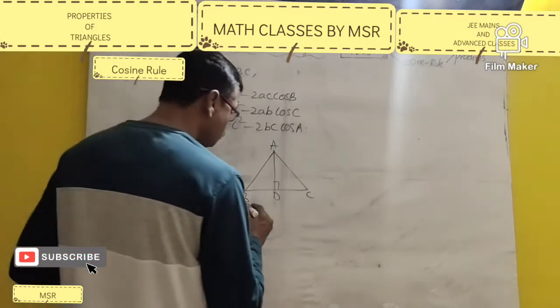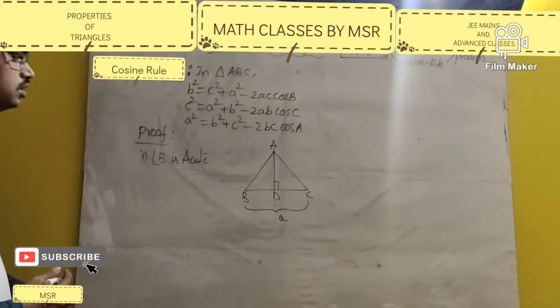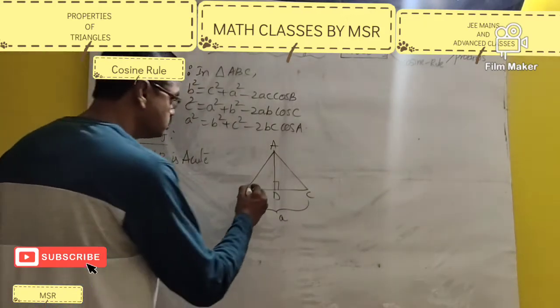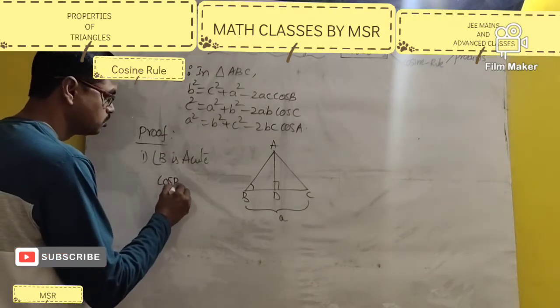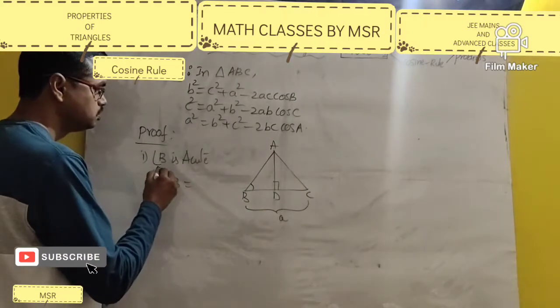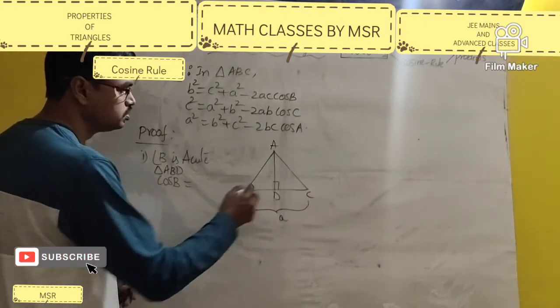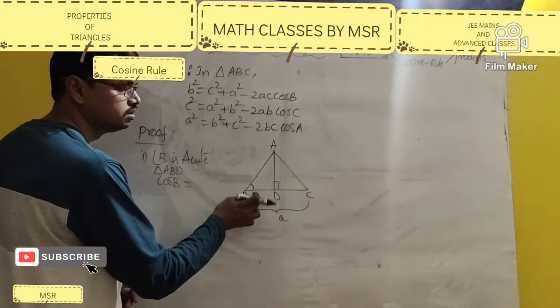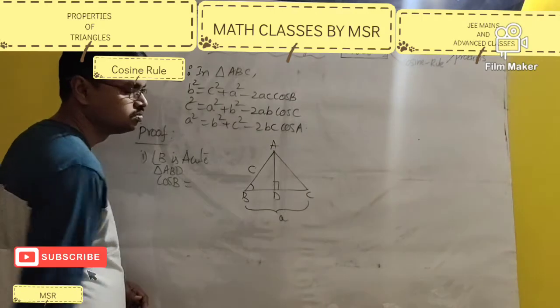Now what is the length of BC? a units, we know that. Now what is cos B? In triangle ABD, cos B is adjacent side by hypotenuse. Hypotenuse length is c.